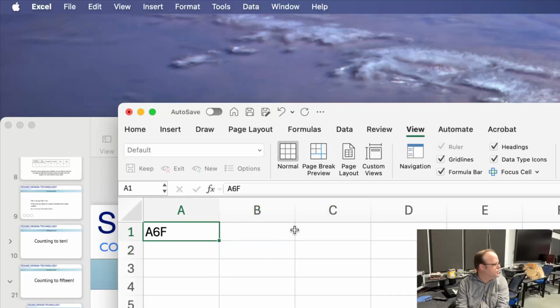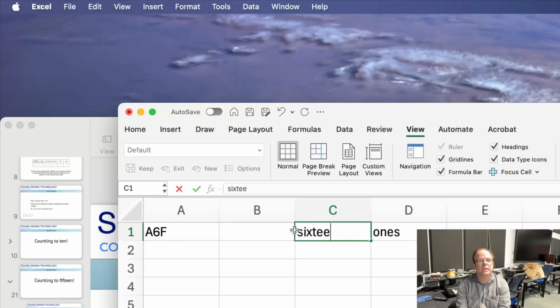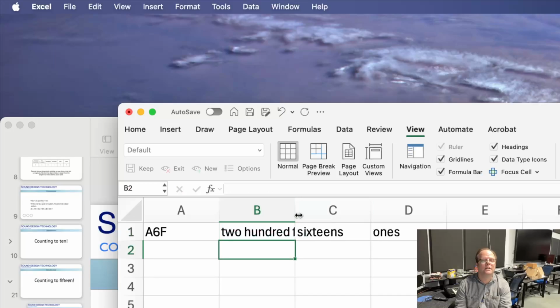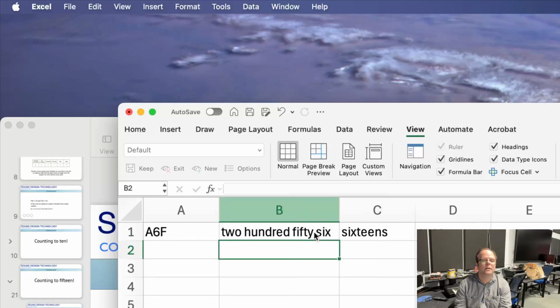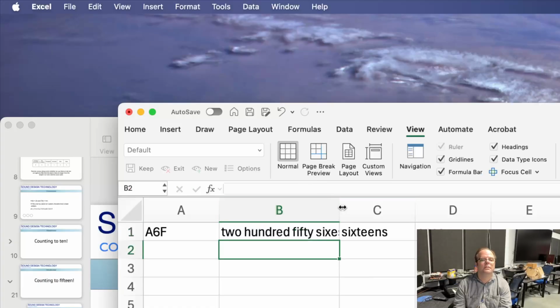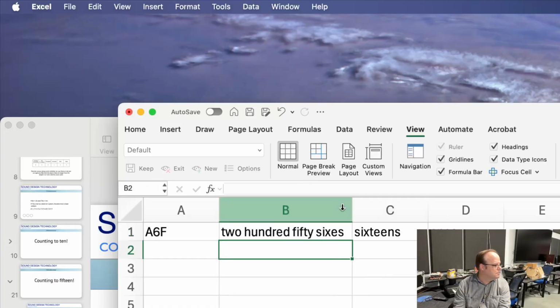If we've got a 3-digit hexadecimal number, what are those placeholders worth? So you've got ones, you've got 16s, and you've got 256.